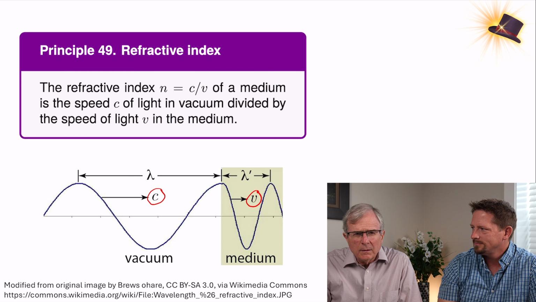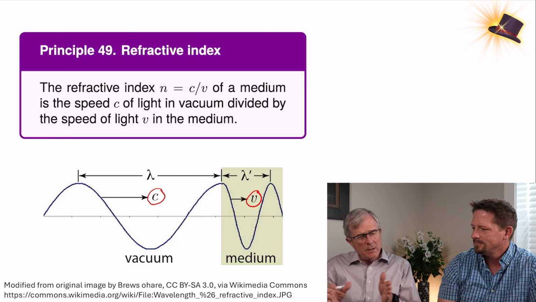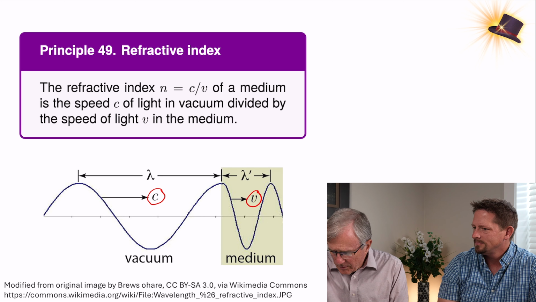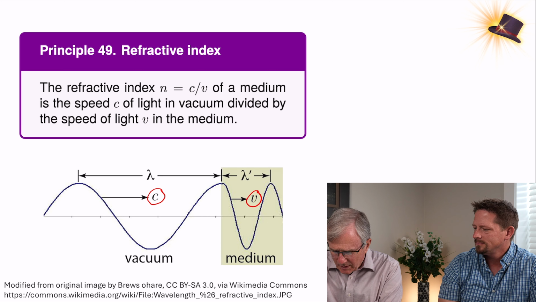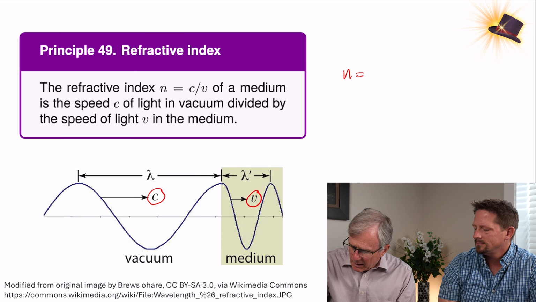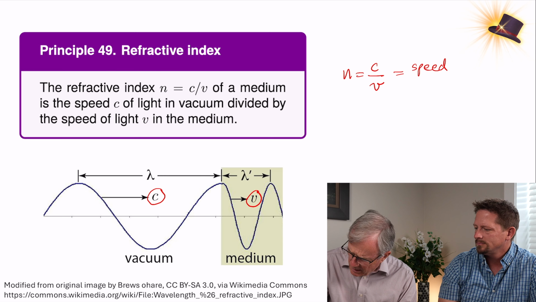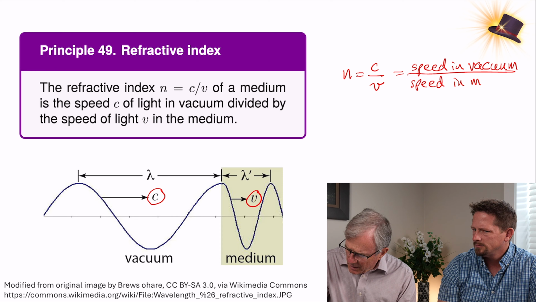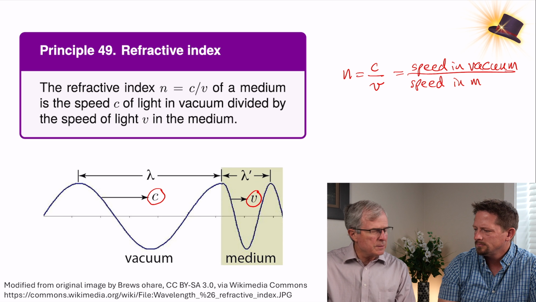Speed v of light, measured in meters per second, is something less than this original speed. The refractive index is defined as the ratio of those two speeds. So this is the speed in vacuum divided by the speed in the medium, such as glass.